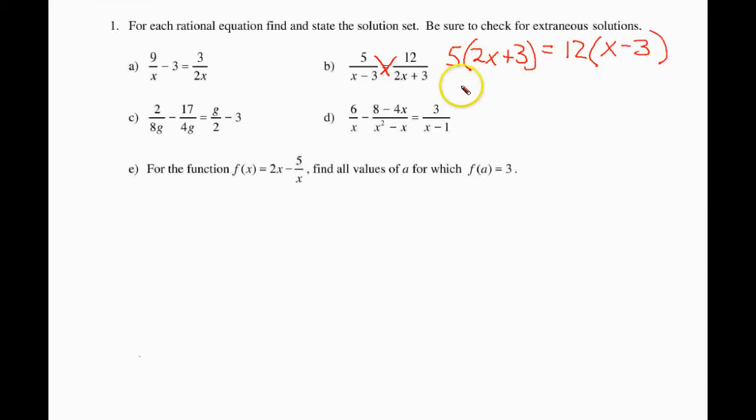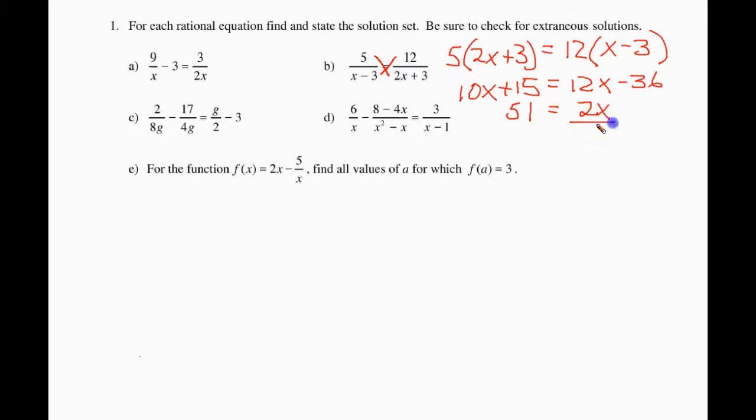So this becomes a 10x plus 15 equals 12x minus 36. I'm going to move the 10x's to this side. So this becomes 2x, and this becomes a 51.